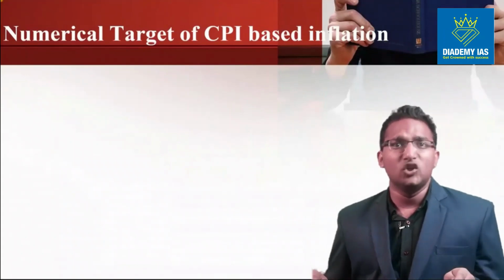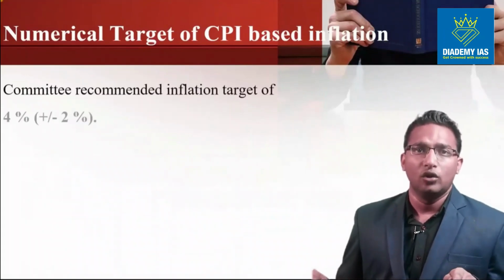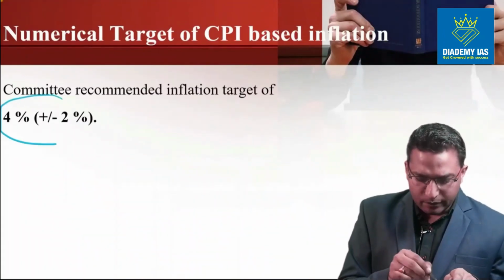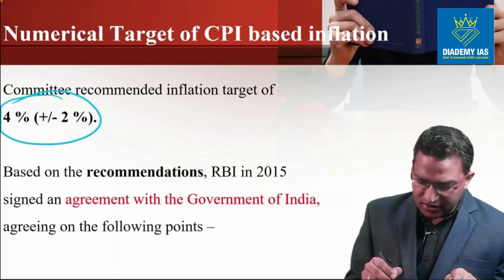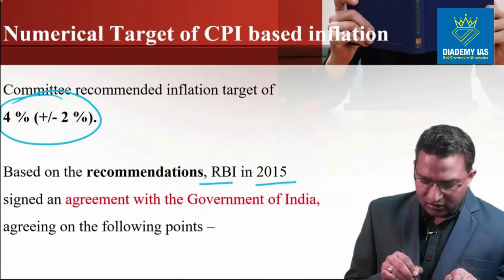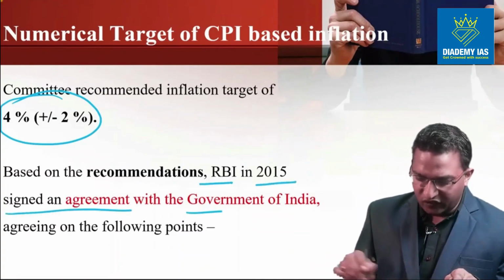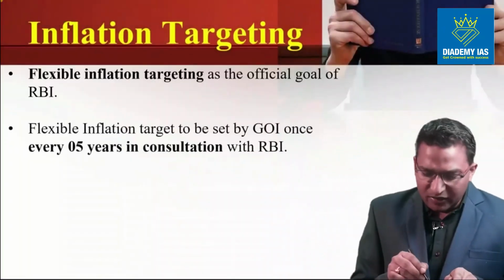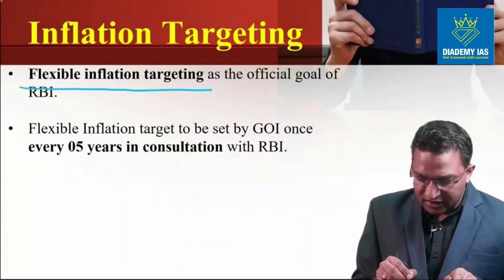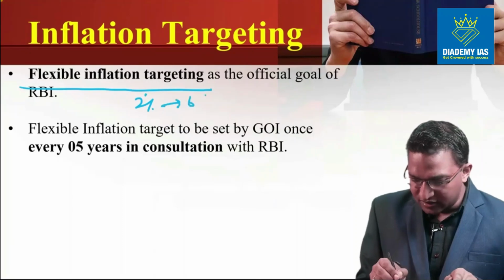Now we have taken a numerical target of CPI. So we have taken 4% plus minus 2%. And based upon this, RBI in 2015 signed an agreement with the Government of India on the following points. First, there will be flexible inflation targeting, that is between 2% to 6%.